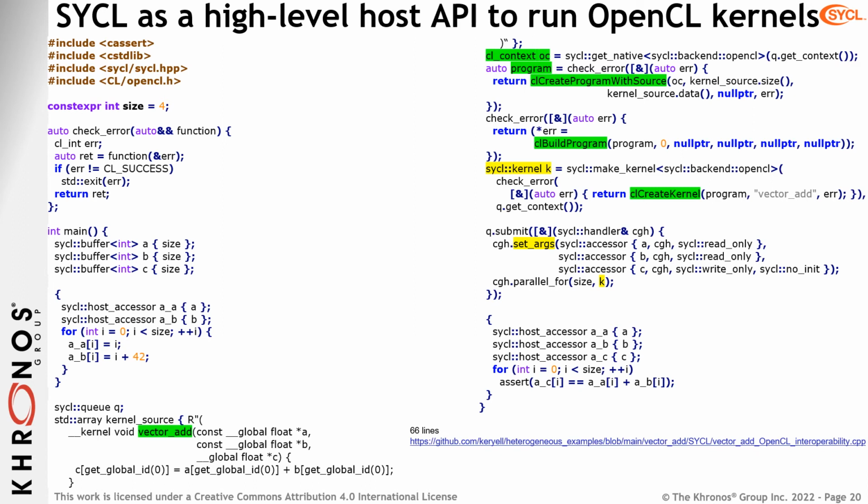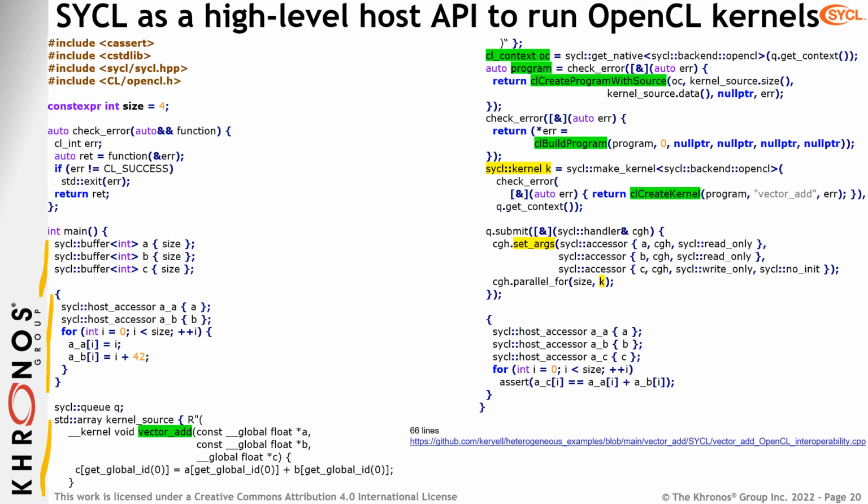So the program becomes more like a simple program. We will have some SYCL buffers, and we will initialize the data from the host by using host accessors. And then we want to create our vector addition OpenCL code that we will put in some arrays of strings.